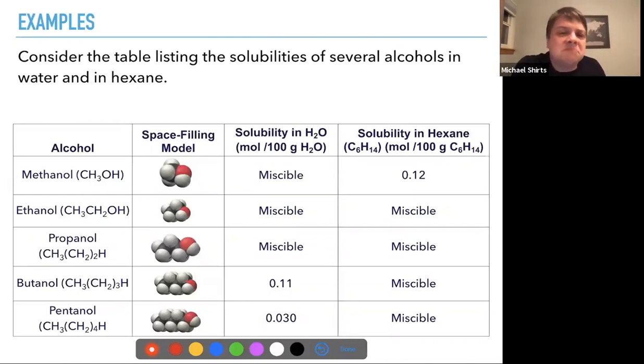You can get a little in, not an enormous amount, but it's miscible in hexane. Pentanol is not very soluble in water, but is completely soluble in hexane. It's more greasy and less of it is H bonding. Mostly dispersion interactions are what it's able to form. So you can see how this is compatible with the like-dissolves-like concept.